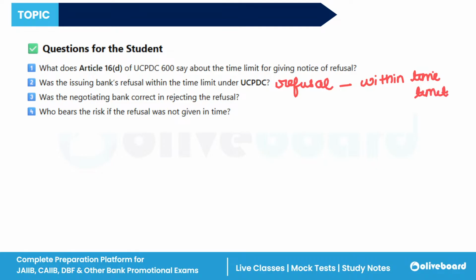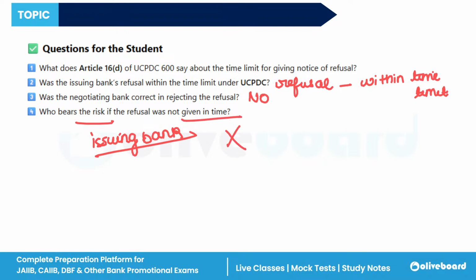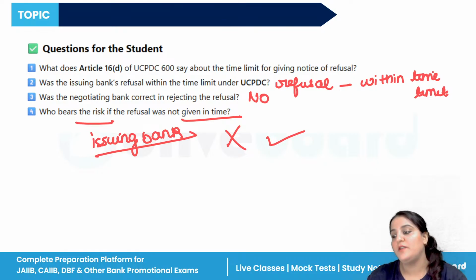Was the negotiating bank correct in rejecting the refusal? No. The negotiating bank incorrectly claimed the notice was late. The refusal was valid, which is given within 5 banking days as per the UCPDC. Who bears the risk? If the issuing bank failed to give the notice in time, then the issuing bank loses the right to claim any discrepancies and would be obliged to reimburse as per the LC terms, even if the documents are not valid.